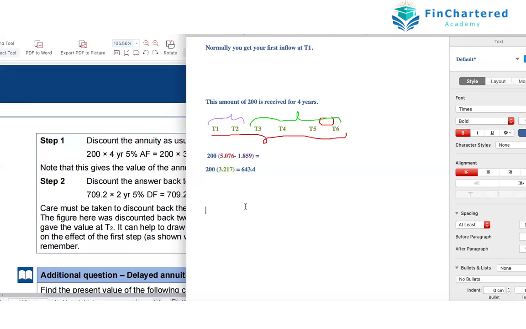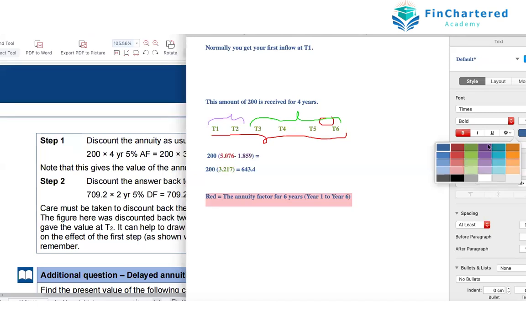Red is the annuity factor for 6 years, basically from year 1 to year 6, which is 5.076. It is marked.